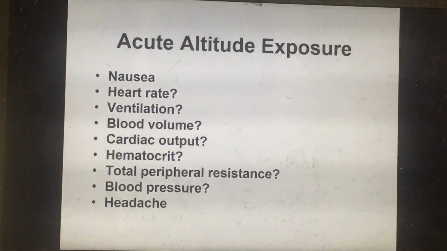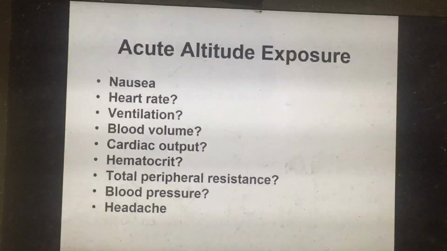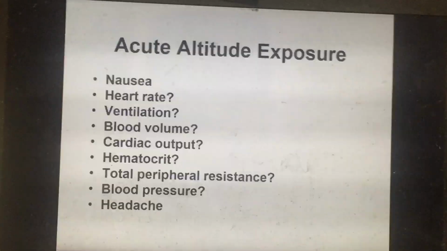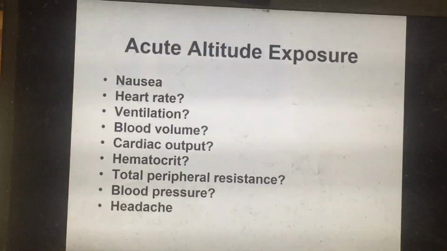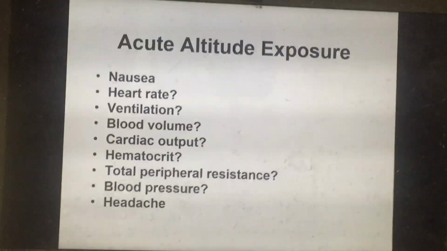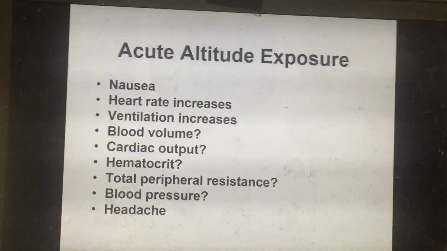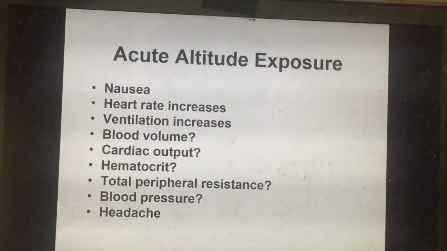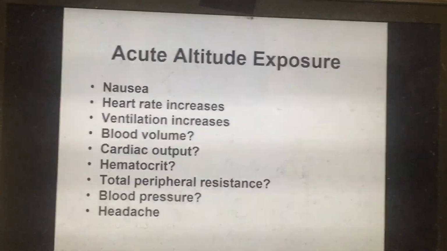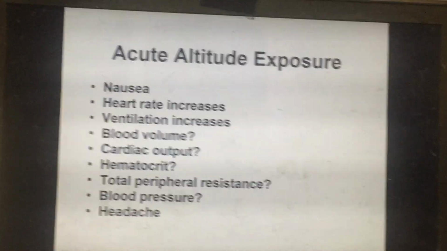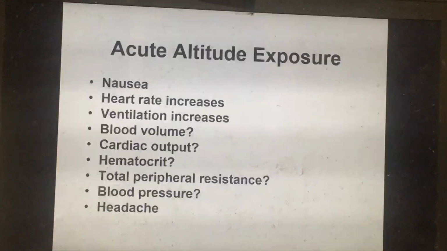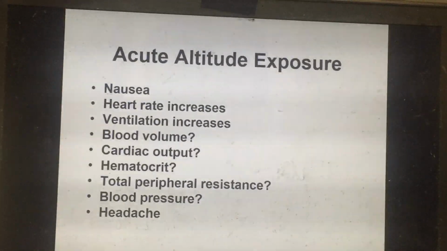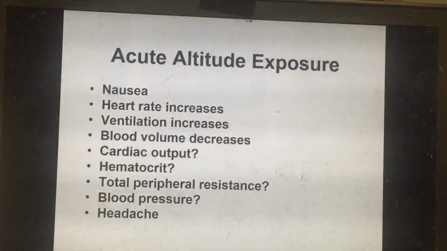Now, acute altitude exposure induces a number of physiological effects. First of all, you start to feel nauseous, and your heart rate and ventilation both increase. This is probably the body's attempt to compensate for the reduced oxygen delivery to the lungs and the muscle. Now, the increase in ventilation will result in a decrease in blood volume.